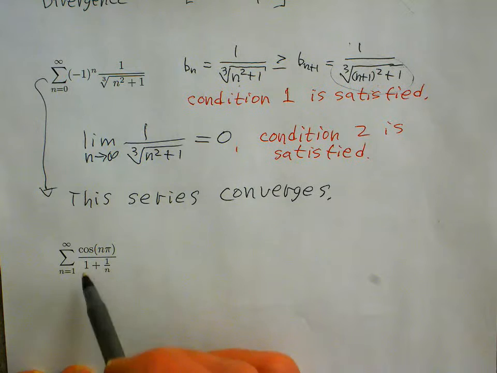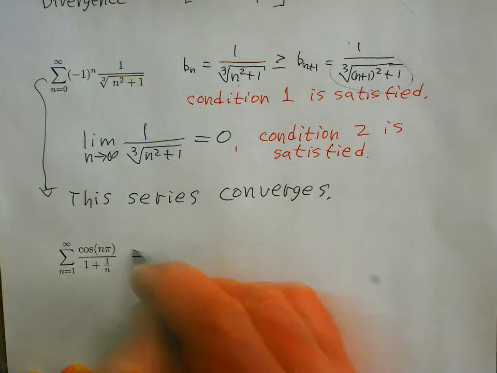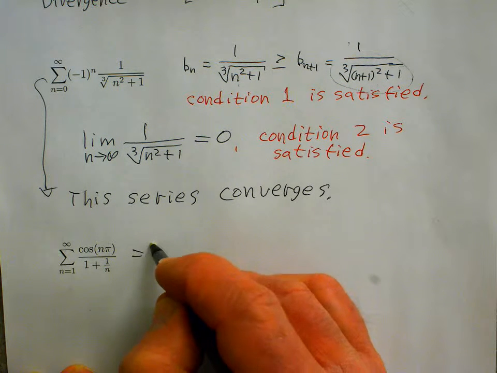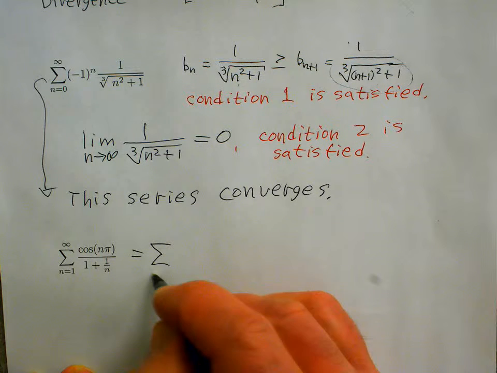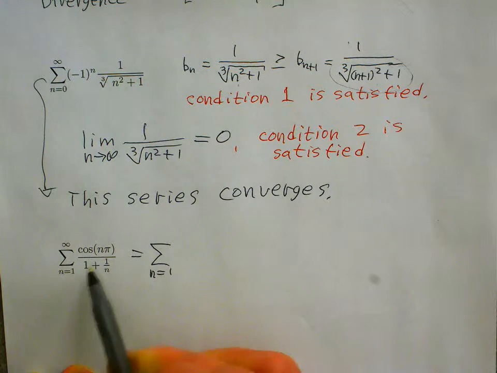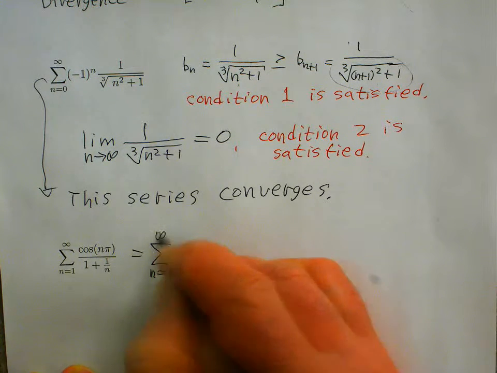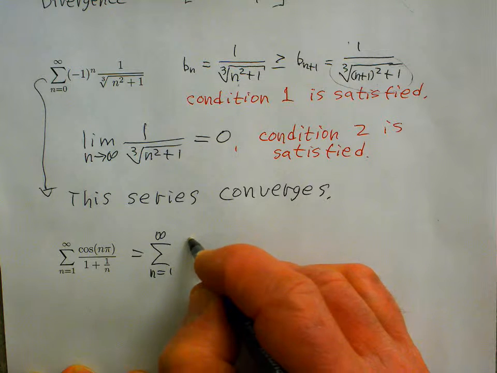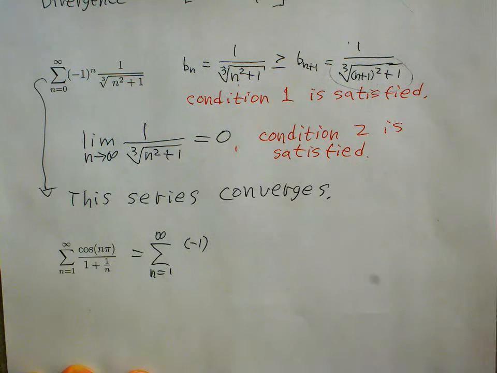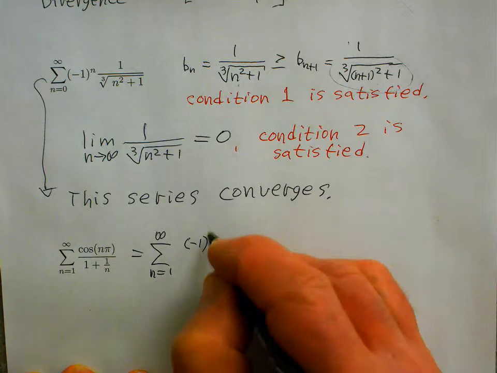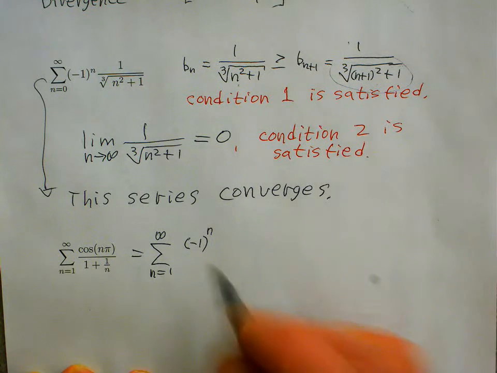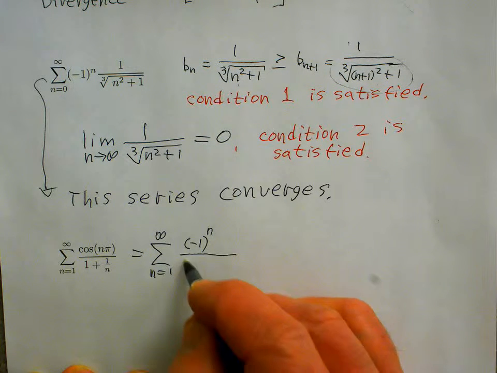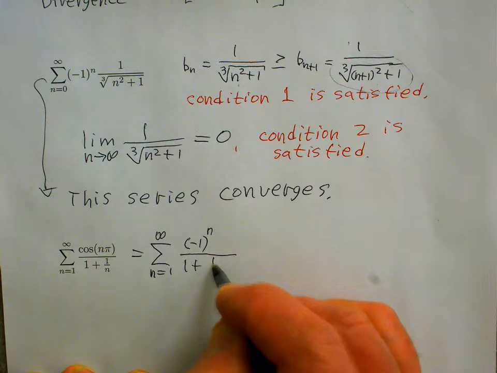So this is sort of an obnoxious way to write something equivalent, which is, I'll just do that. Replace cosine of n pi with -1 to the power n over 1 plus 1 over n.